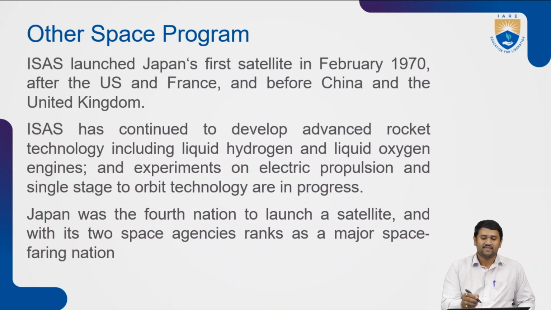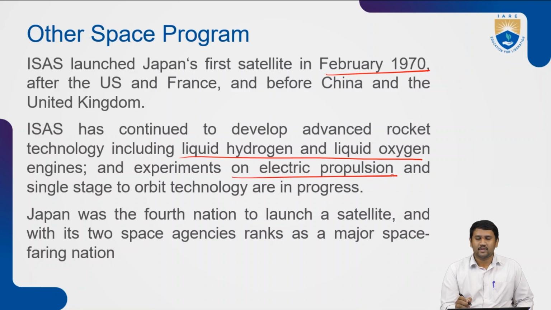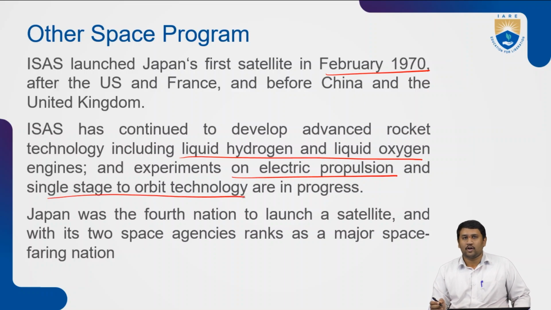ISAS launched Japan's first satellite in February 1970, after the US and France, but before China and the United Kingdom. ISAS has continued to develop advanced rocket technology, including liquid hydrogen and liquid oxygen engines, experiments on electric propulsion, particularly Hall effect thrusters, which we will discuss in Module 5, and single stage to orbit technology, which are in progress.